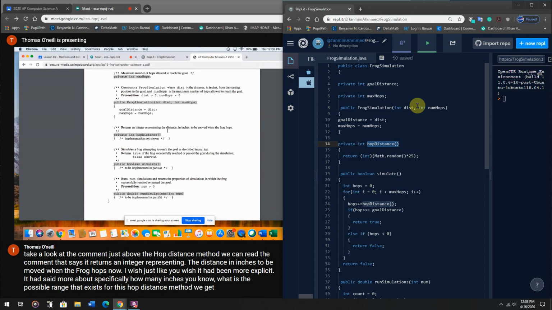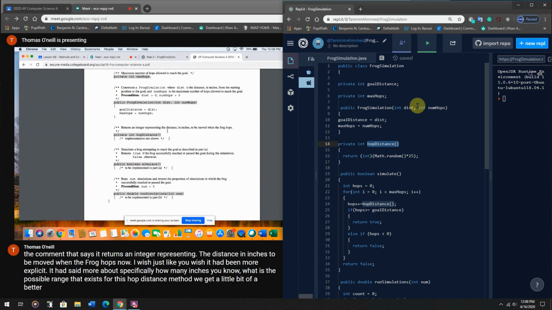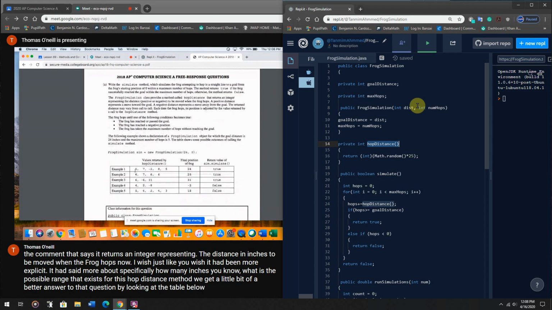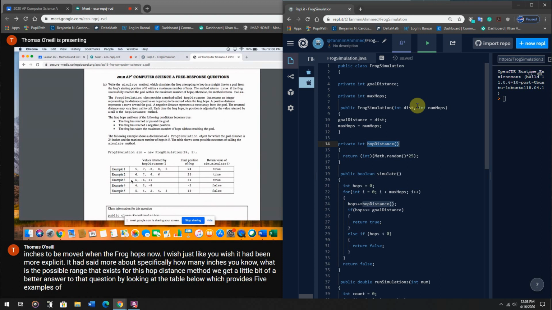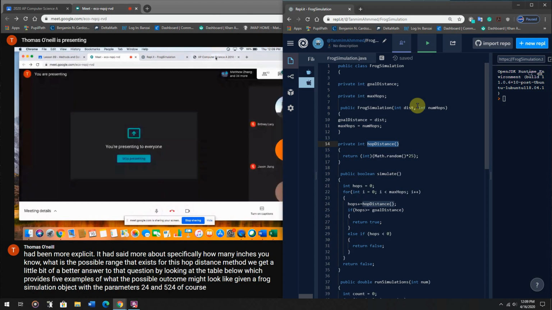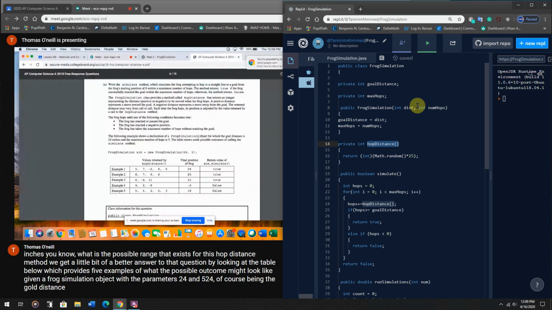We get a little bit of a better answer to that question by looking at the table below, which provides 5 examples of what the possible outcome might look like given a frog simulation object with the parameters 24 and 5. 24, of course, being the goal distance, 5 representing the max number of hops.